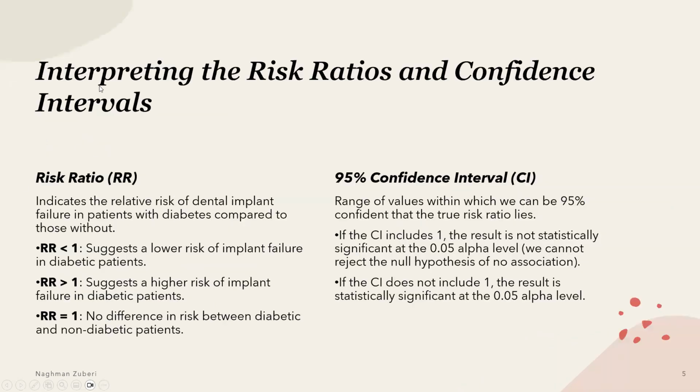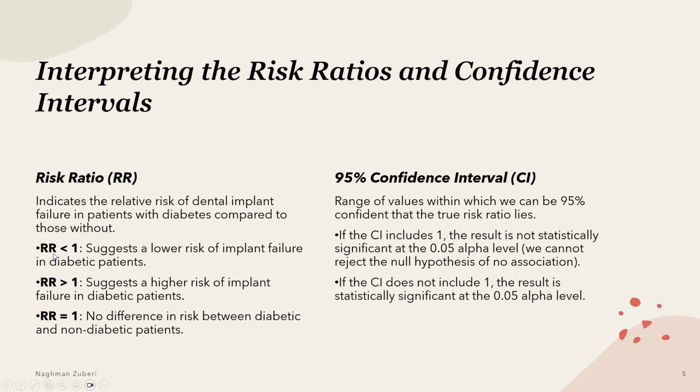So interpreting the risk ratios and confidence intervals: the risk ratio indicates the relative risk of dental implant failure in patients with diabetes compared to those without. Like if we have one control group where patients were having implants, but they were not having diabetes.